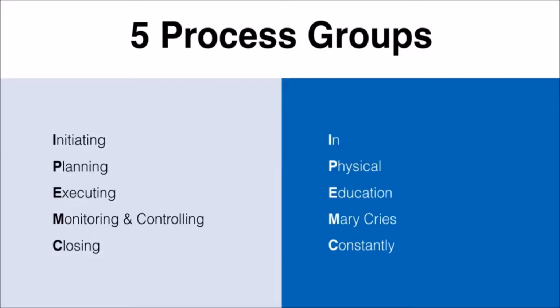Now, again, I would ask you to please pause this video and use IPEMCC to make your own mnemonic. Thank you. I think you have made it. Now, let's move forward. We have made 5 process groups. We have made 10 knowledge areas.